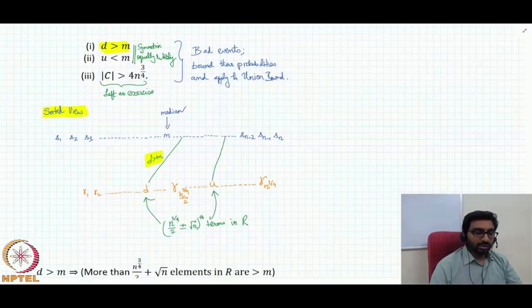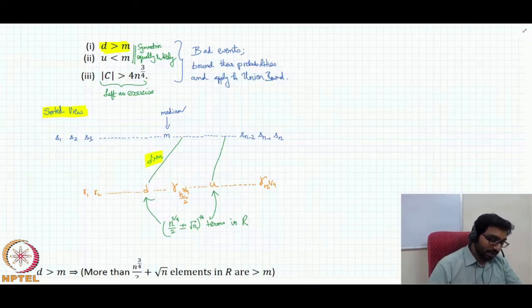So in the interest of keeping this lecture short, the task of bounding the probability of the third bad event, the cardinality of C greater than 4n to the 3/4, is left as an exercise. And as I pointed out earlier, events 1 and 2 are symmetric equivalents of each other, so we're only going to focus on the first bad event.